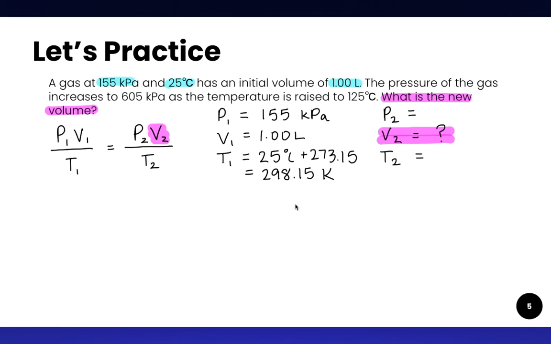The final pressure is 605 kilopascals, so our pressure is increasing and our temperature is also increasing up to 125 degrees Celsius.